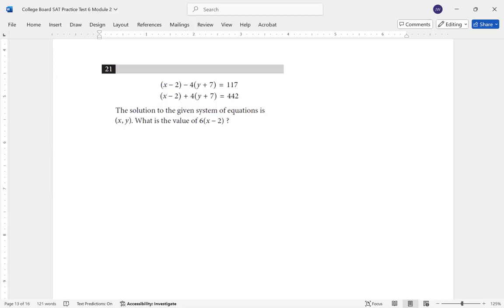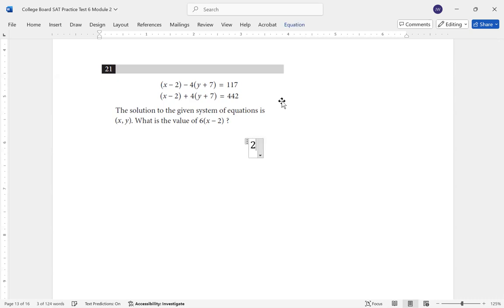Or if I wanted to, I could notice that -4 and +4 are opposite coefficients on the quantity y plus 7. Therefore, if I wanted to, I could just add these two equations right now together. This is the elimination method.